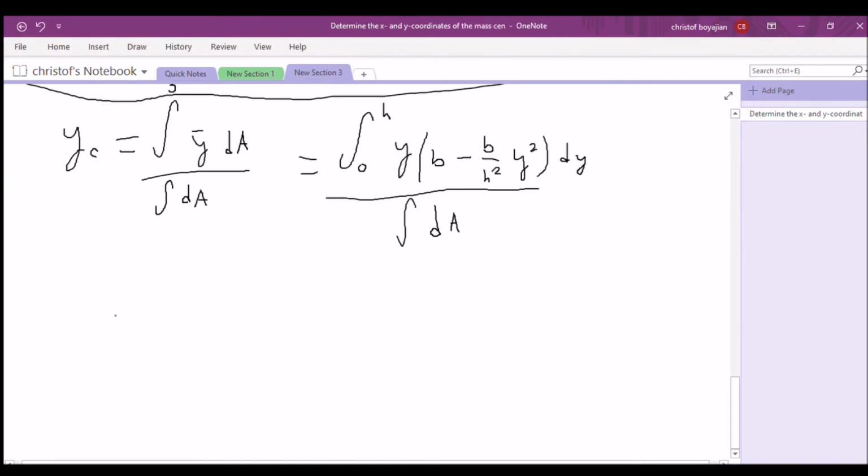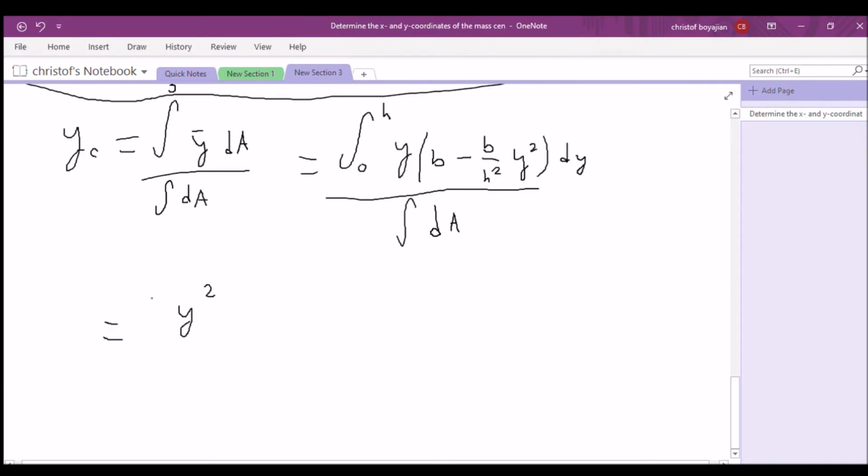Now if we go ahead and solve for this integral, basically you just want to FOIL out y into these two terms right here. And I'm just going to skip a step, so I'm not going to FOIL that in. I'm just going to evaluate the integral just to save some time here.